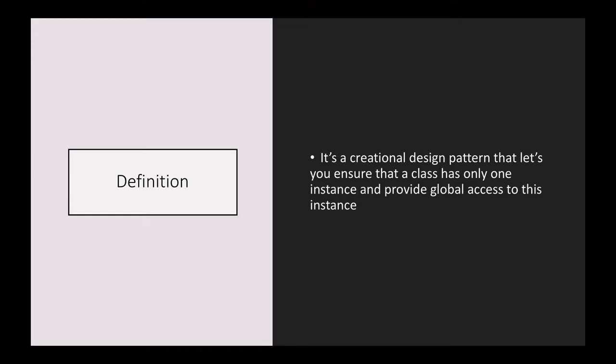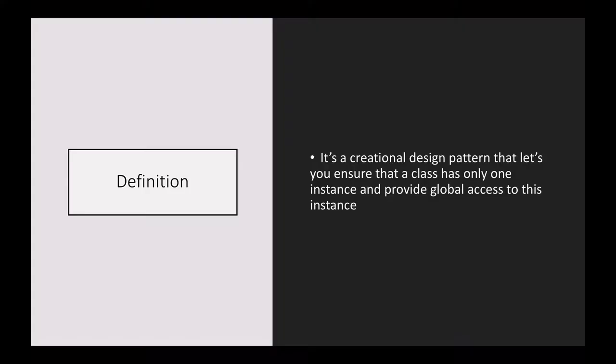Let's have a look at the problems we are trying to solve with the singleton design pattern. As discussed in the definition itself, it says that we only have to ensure that the class has only one instance over the entire life cycle of the application you're running.